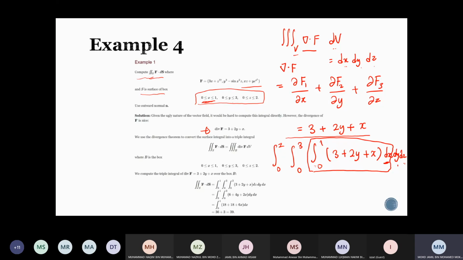Okay, so you integrate this part here. Integrate with x, so you end up with 3x plus 2yx plus x squared over 2, and then calculate from range 1 to 0.